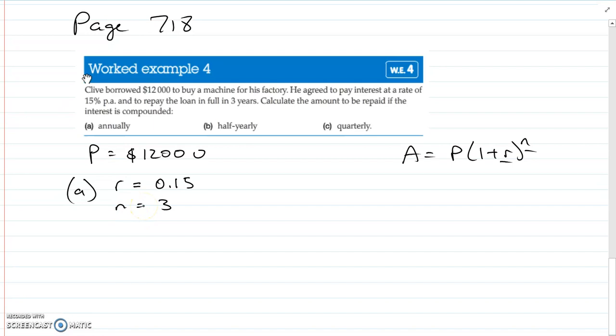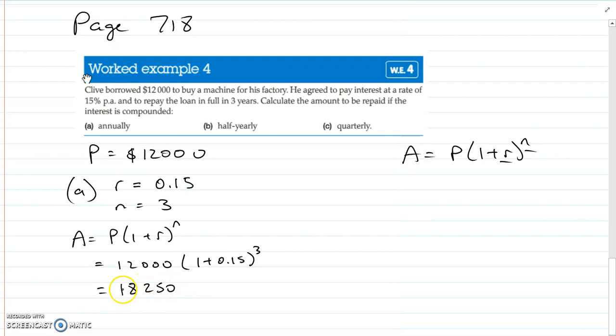So A equals P times 1 plus R to the N equals 12,000 times 1 plus 0.15 to the power of 3, which equals $18,250.50.